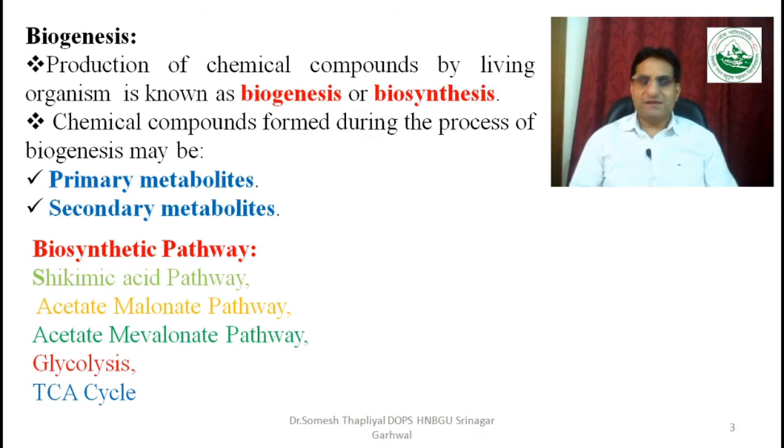Similarly, acetyl coenzyme A undergoes the TCA cycle, also known as the Krebs cycle, and from this cycle we can obtain many amino acids. So this is all about the biosynthetic pathways. We can say that the sequence of chemical reactions in which the production of chemical compounds takes place is known as biogenesis.